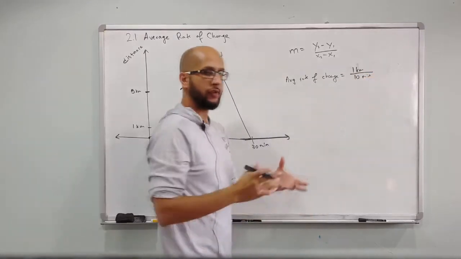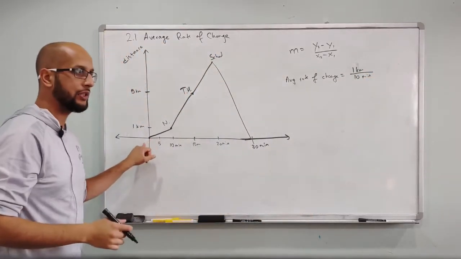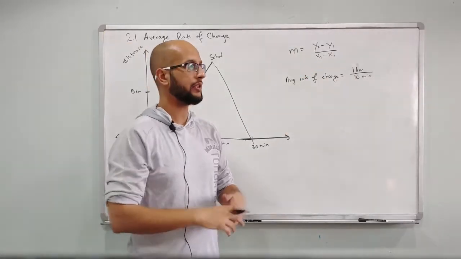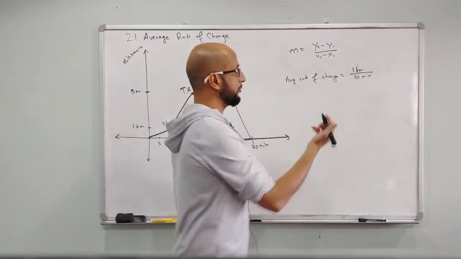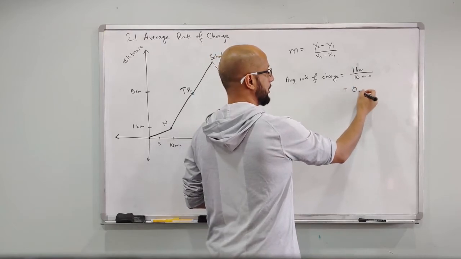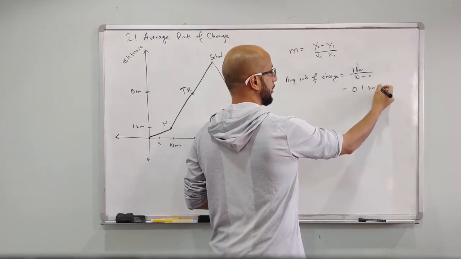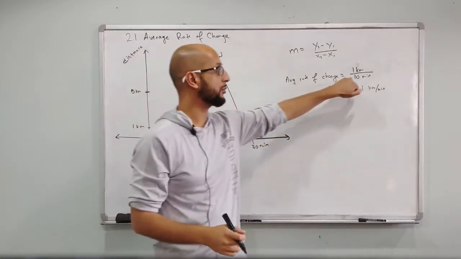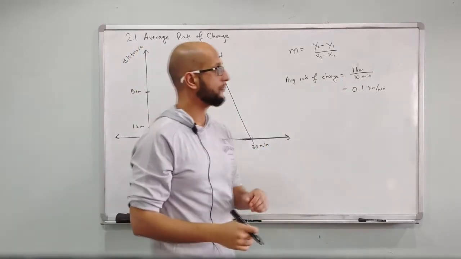My average rate of change from when I leave the house to when I get to my nephews is 1 kilometer for every 10 minutes. If you want to shrink that down, like divide it, it would be 0.1 kilometers per minute, because you want the rate of change to be in terms of the denominator variable.